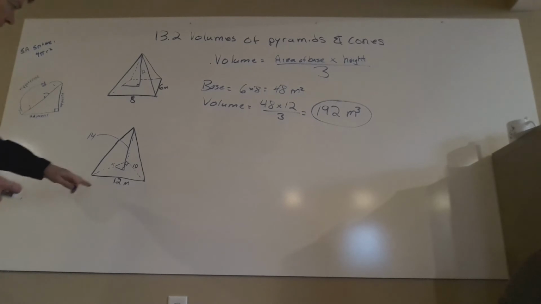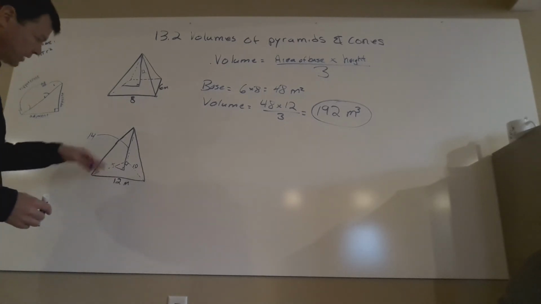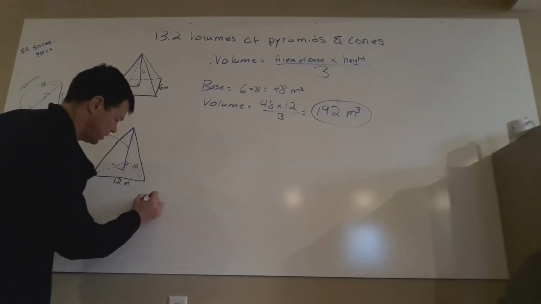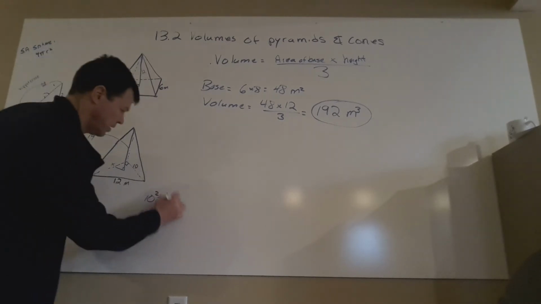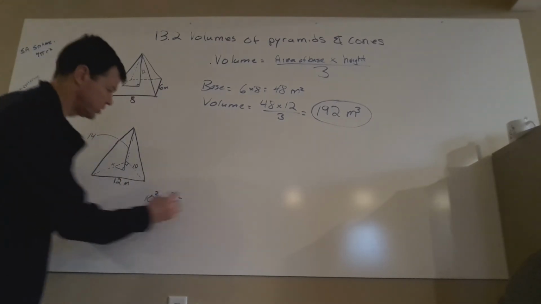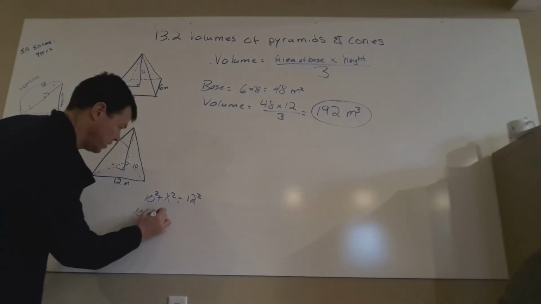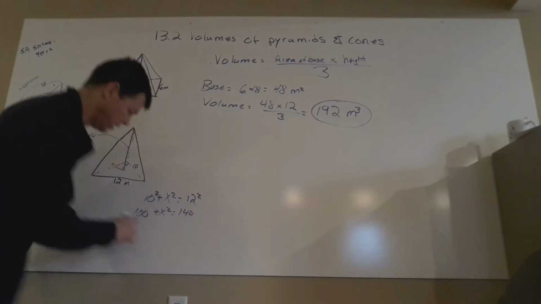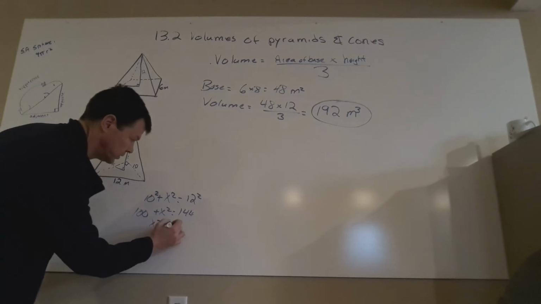So 10 squared plus x squared equals 12 squared. So 100 plus x squared equals 144. Subtract 100 from 144, and you get x squared equals 44.